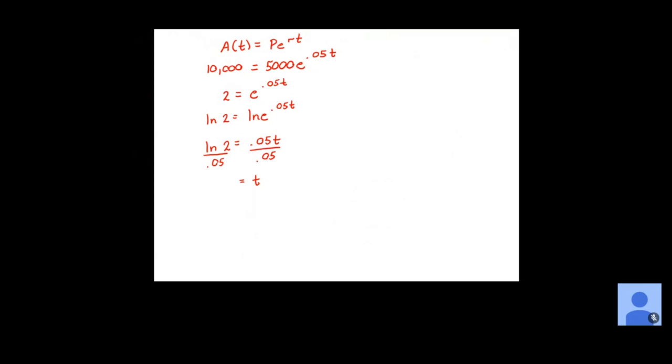So make sure that you're closing your parentheses after the natural log of 2 there. Okay, so 13.86 is what I got. Good, and then don't forget the units. So this should be years.